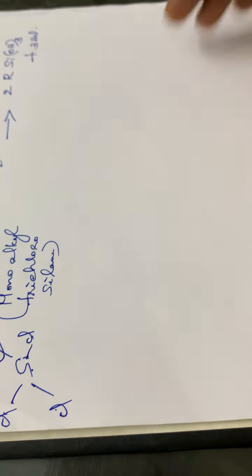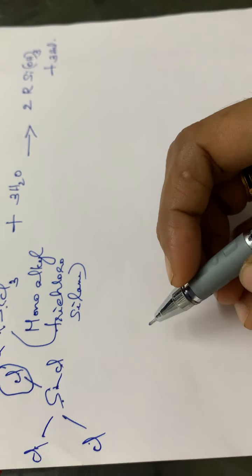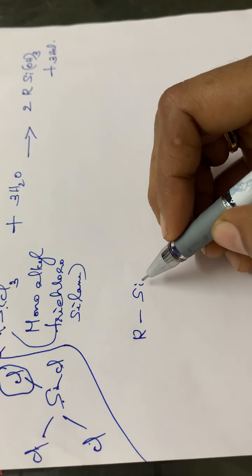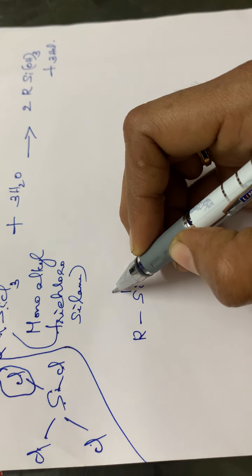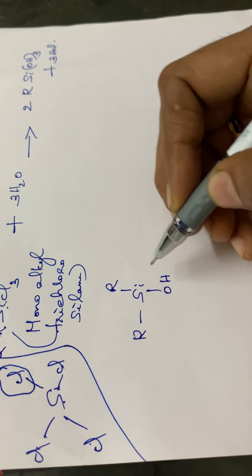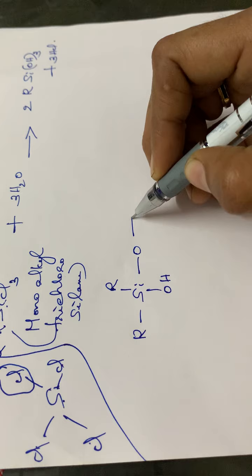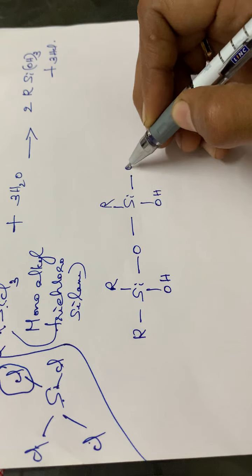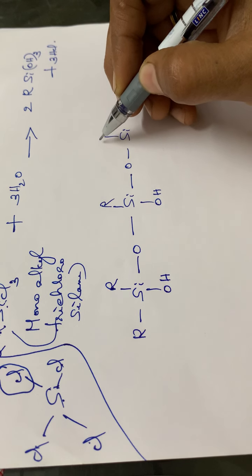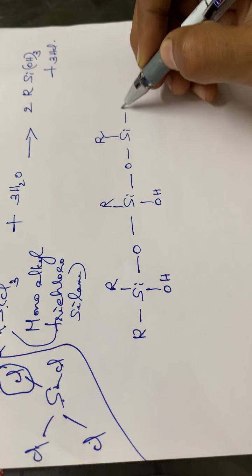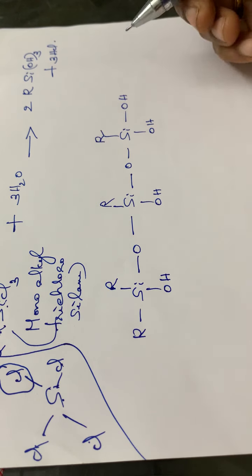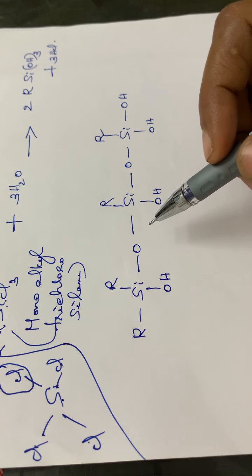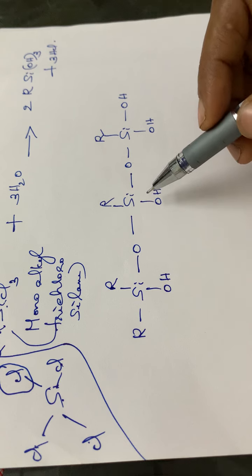That means, see here, RSiOH, then O, then Si, then ROH, then oxygen atom, then silicon, then ROH, OH. See here, this silicon hydroxide is polymerized. Okay, so it will be polymerized, then we will be having such a structure.